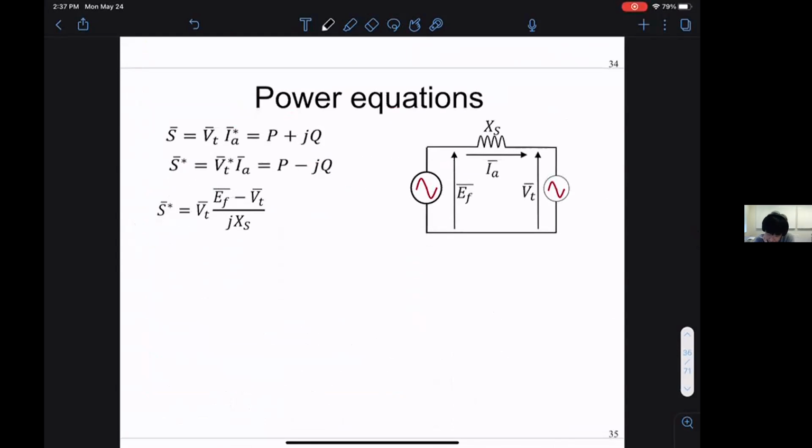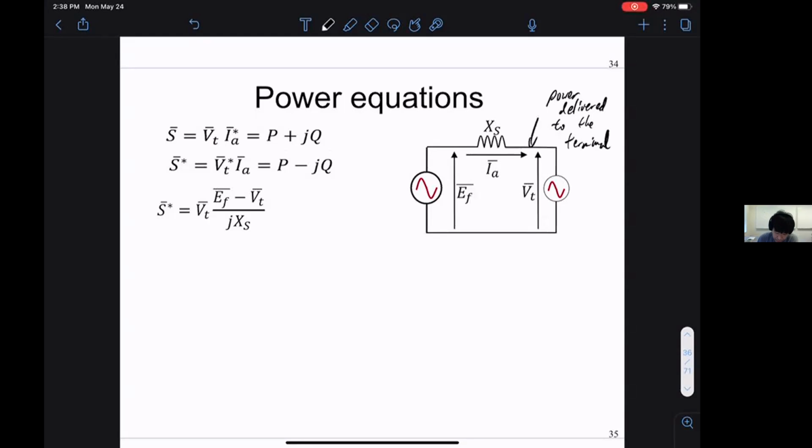So if you want to figure out the power delivered, always what we care about most times is the power delivered to the terminal. When we talk about power, we almost always talk about what P and Q shows up at the terminal, not so much about the power coming out of EF.